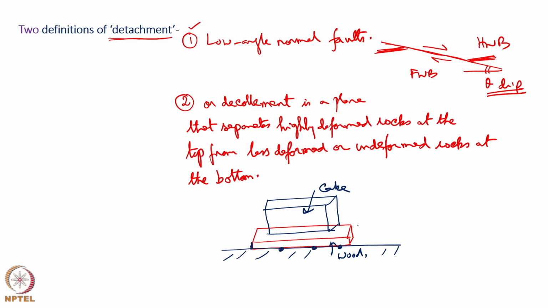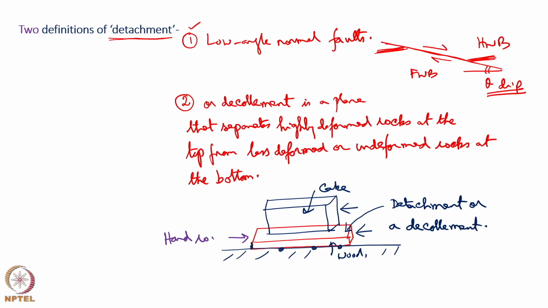Now, if I am pushing both the wood and the cake by pistons, only cake will move and the wood will not move. In that case, the surface of the wood acts as a detachment or a décollement. In the geological case, wood can represent hard rock and difficult to deform, and the cake as the soft rock.